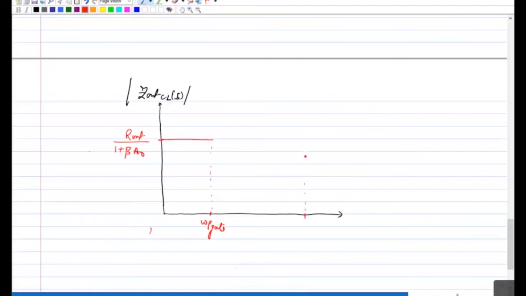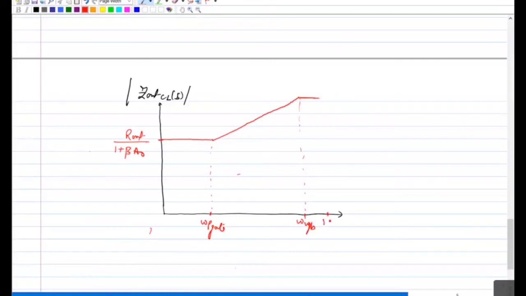So it will go like this. And then you have your pole. Okay. So this is your omega UGB. Where is the non-dominant pole?